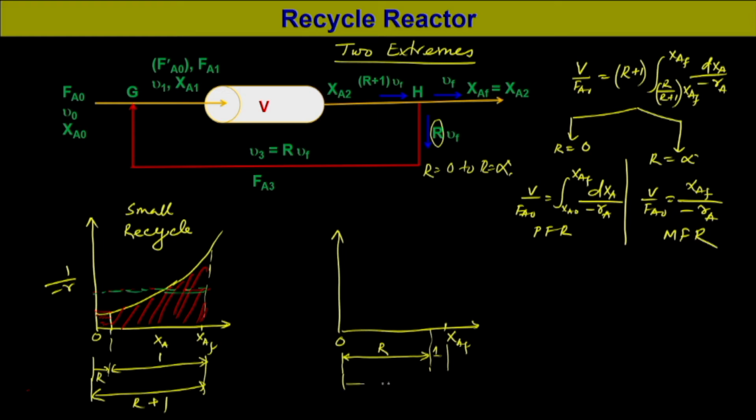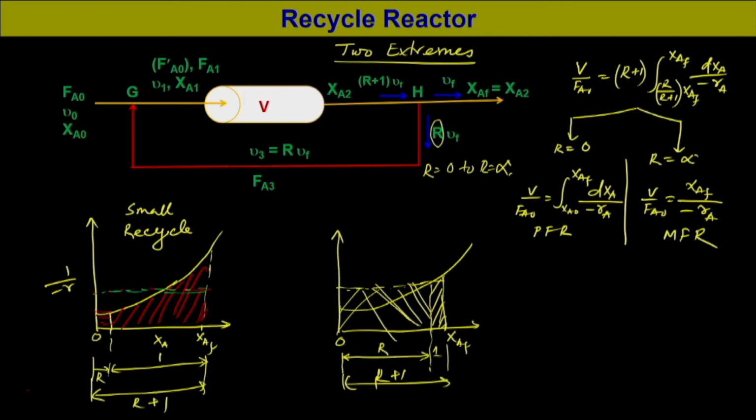So, total is R plus 1. So, the rate versus conversion curve under this would be the PFR volume requirement, and for the rest of the part, because of large recycle, the area requirement would be high, because it will behave like a CSTR.